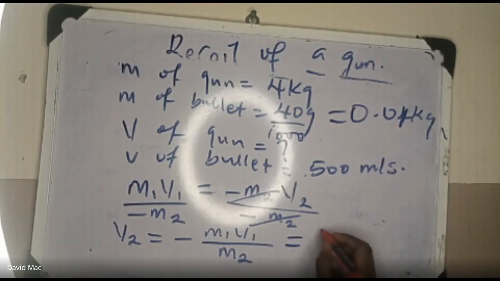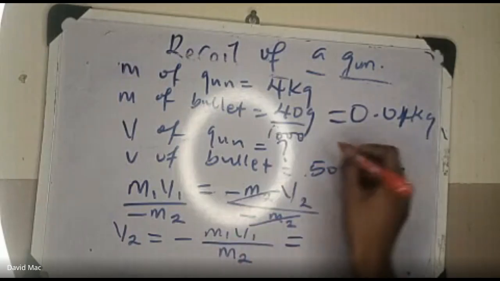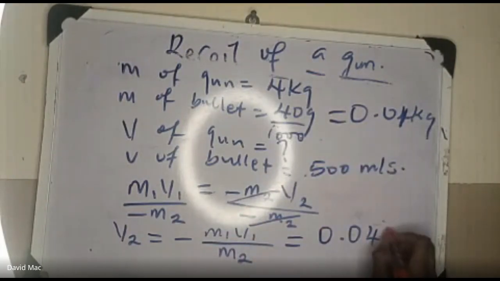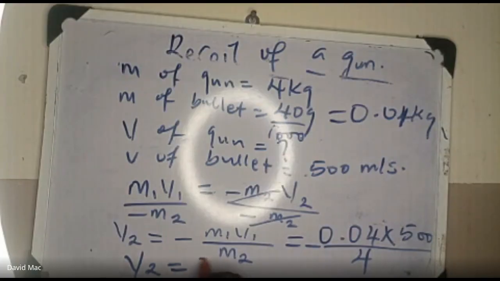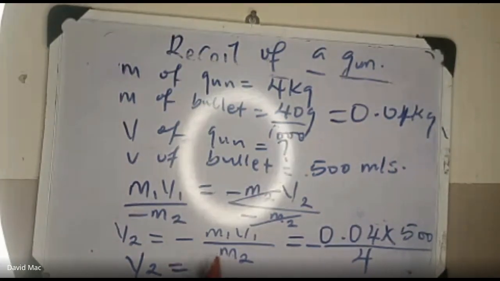What is our M1? 0.04 times our V1, 500, divided by 4. Remember there is a minus. So our V2 will now be minus 5 meter per second.